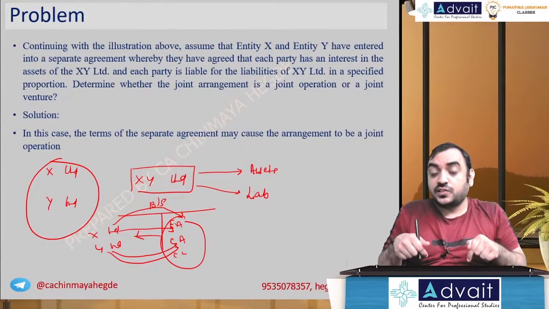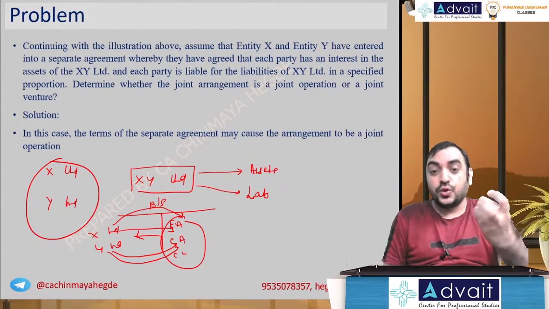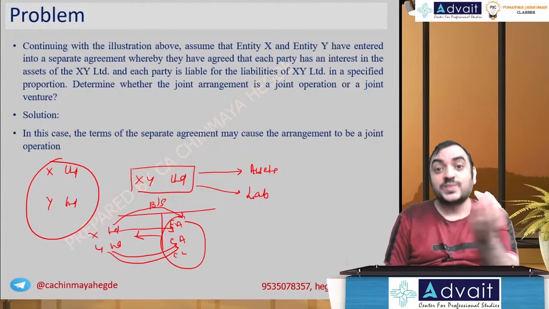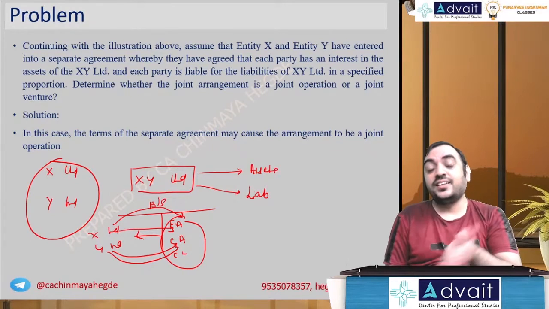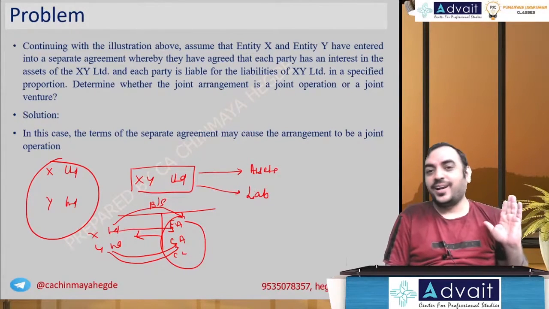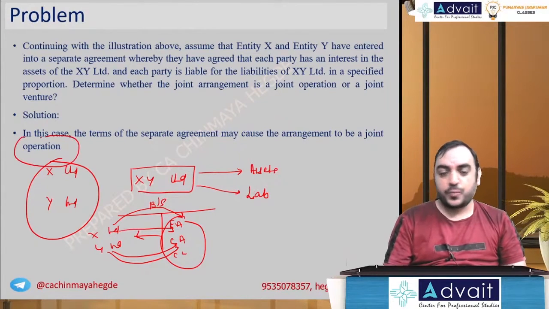But in substance, even though the entity is owning in form, you are having individual ownerships. You are controlling individual assets and liabilities. So we lift the corporate veil. In a way, you can say the separate vehicle does not matter, it becomes a joint operation. That's what is happening here. Hope you're able to understand.